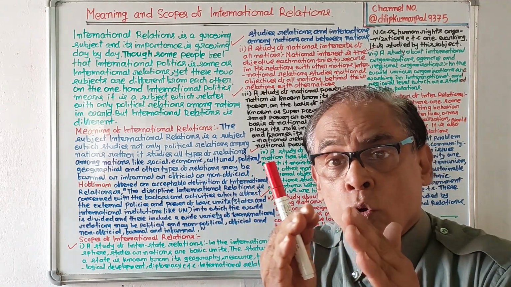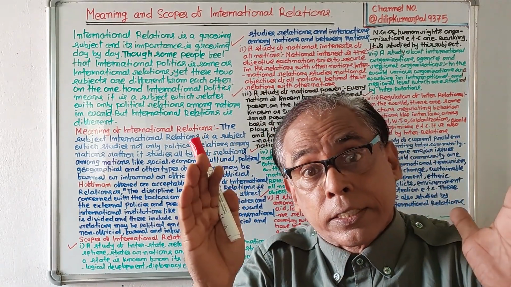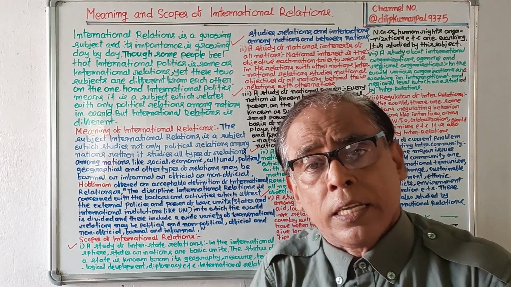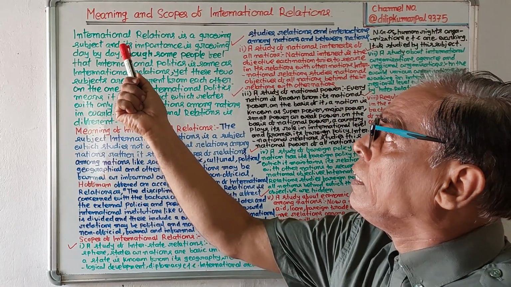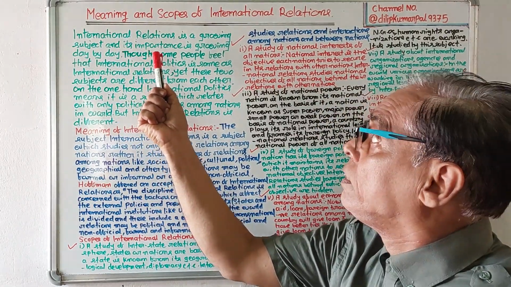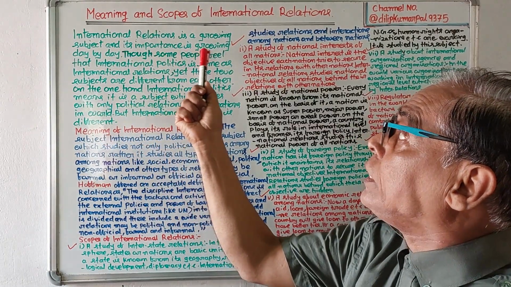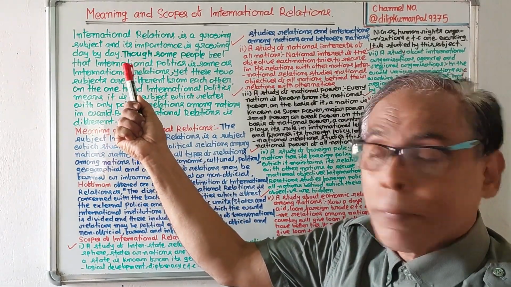Let us start. What is international relations and what are its scopes? First we'll take up the meaning of international relations. International relations is a growing subject and its importance is growing day by day.